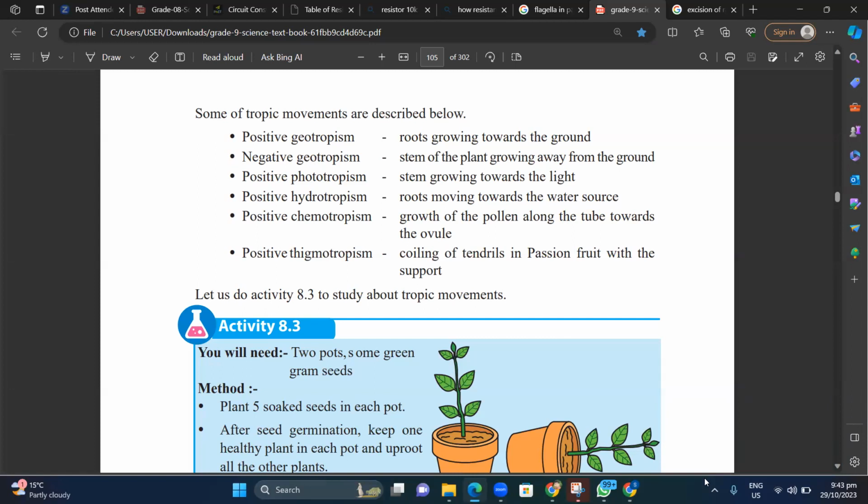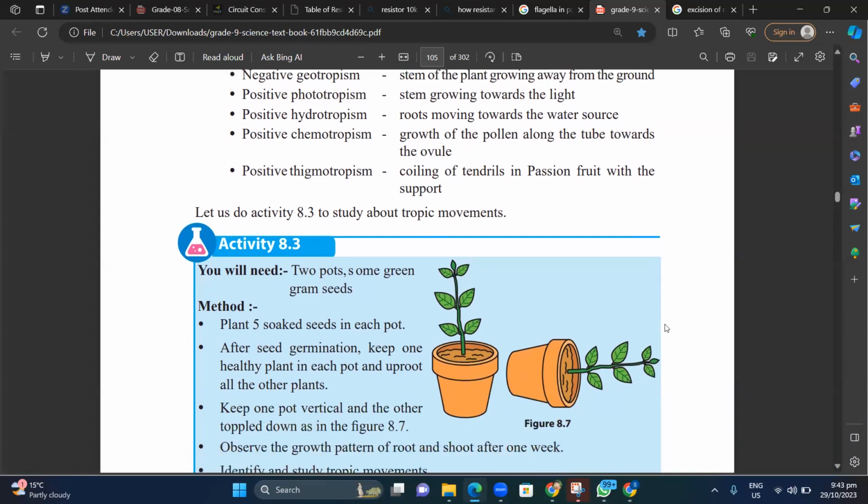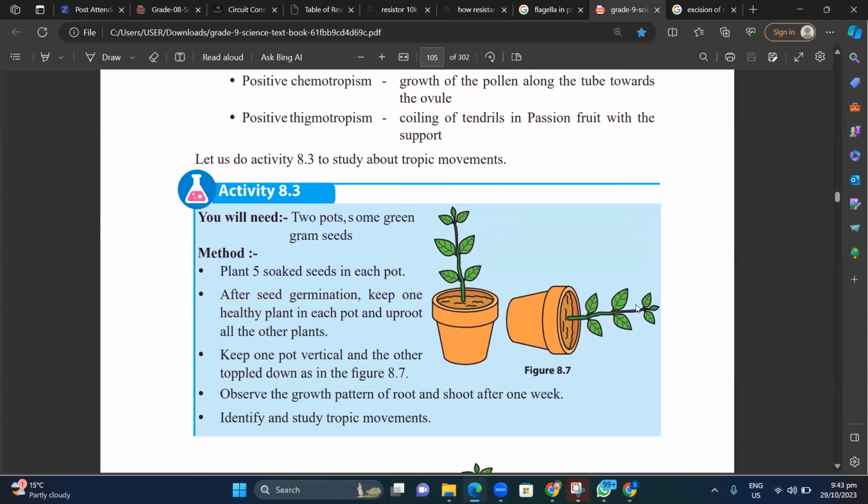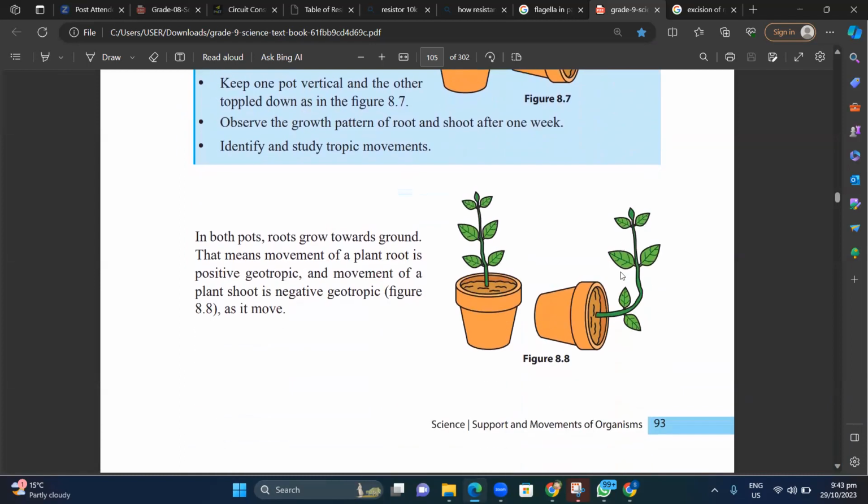Okay, so these are the tropisms, tropic movements, and we have already studied this. Here you can see movement of a plant shoot, negative geotropic. Here is the soil, but it's moving negatively.